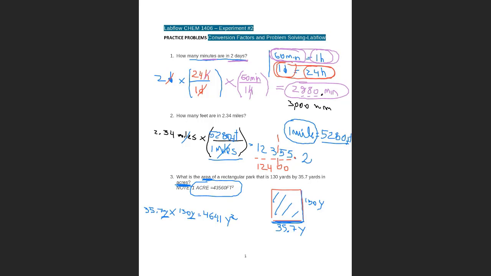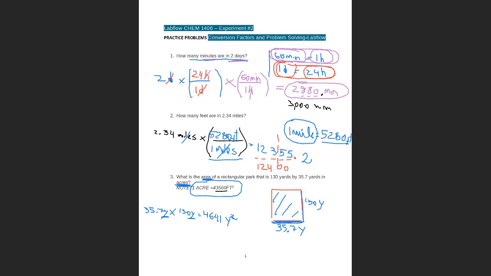So what do I do? They give me the conversion factor to feet. That means that I have to convert first the square yards into square feet, and then after that, I can change into acres.